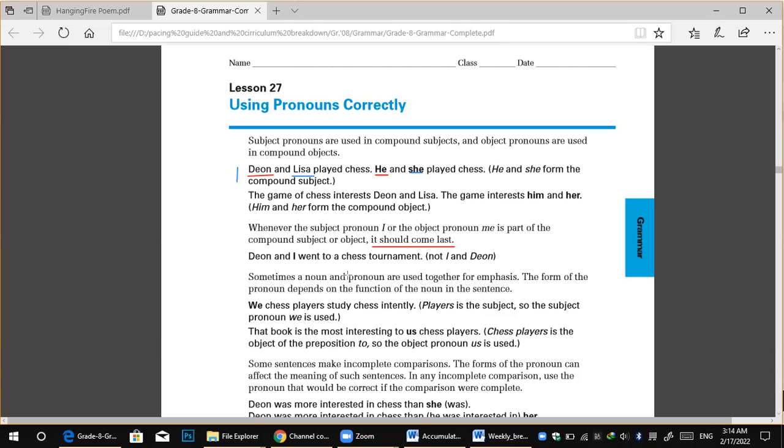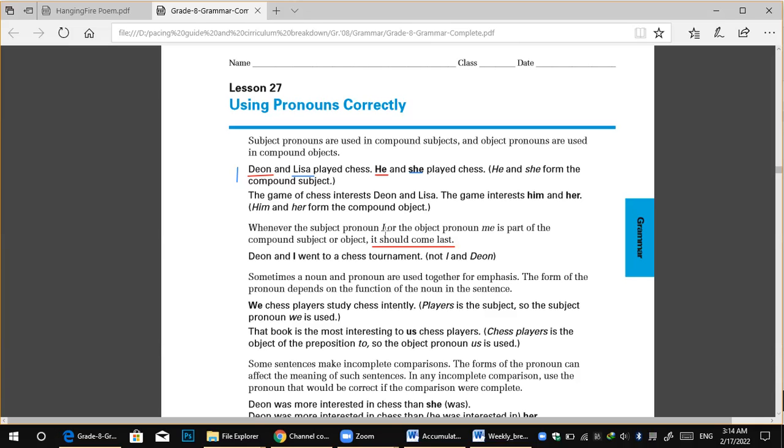Okay, Dion and I. So that's how to use pronouns correctly. So number one, you have to agree with the subject. Number two here, I comes at the end of the sentence.